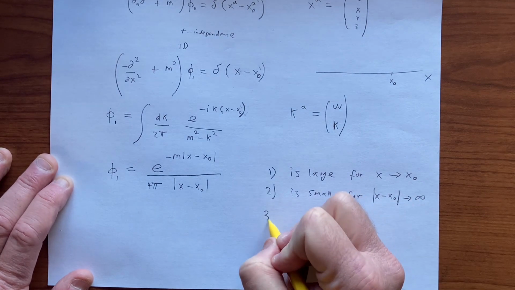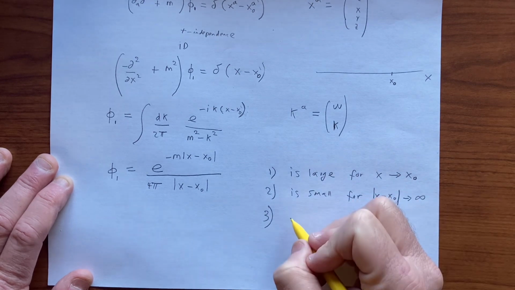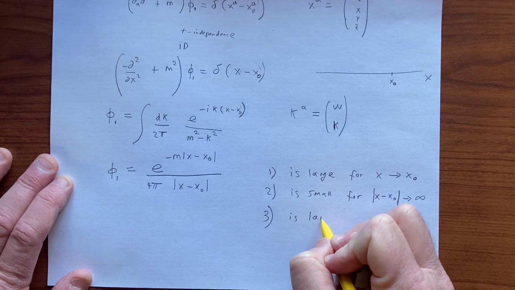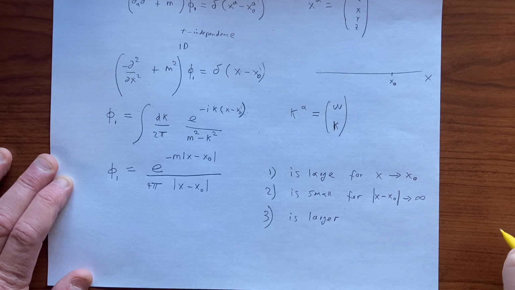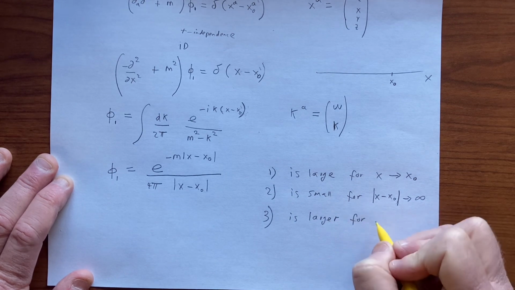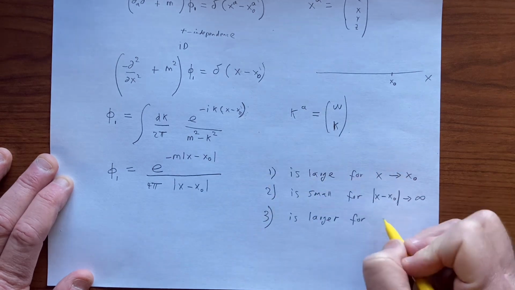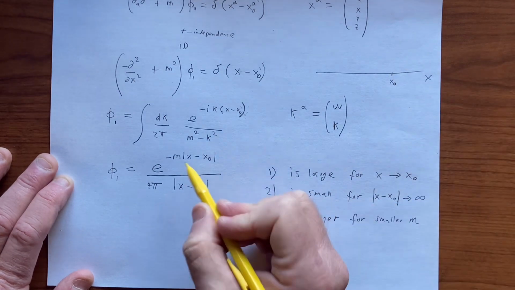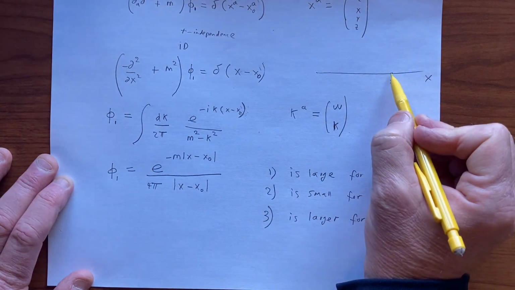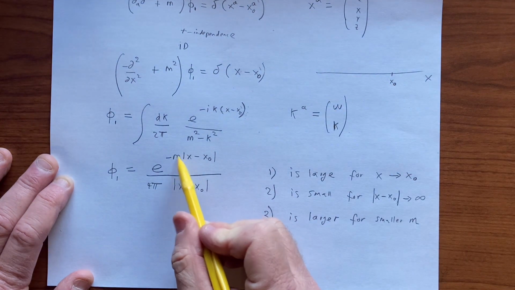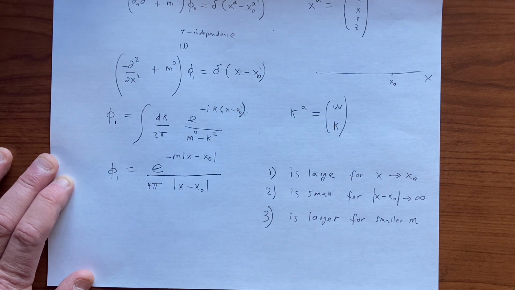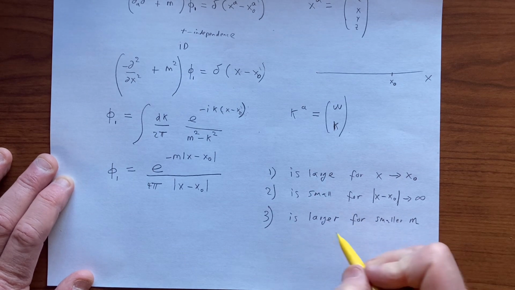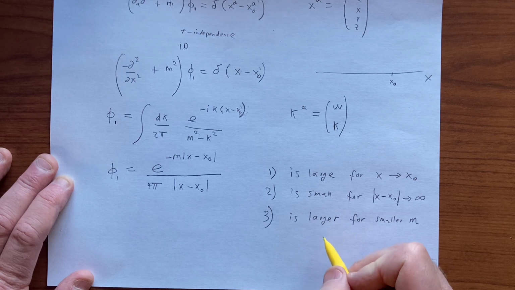And importantly, the disturbance is larger at x for smaller m. So you make a disturbance, and it can have a greater influence further away if the m parameter is smaller, and vice versa. If the parameter is larger, you'll have a weaker effect further away.